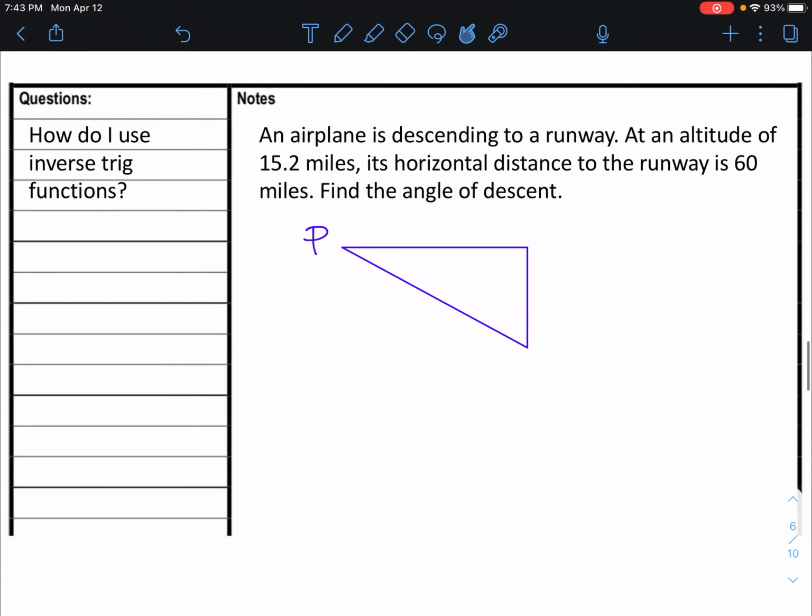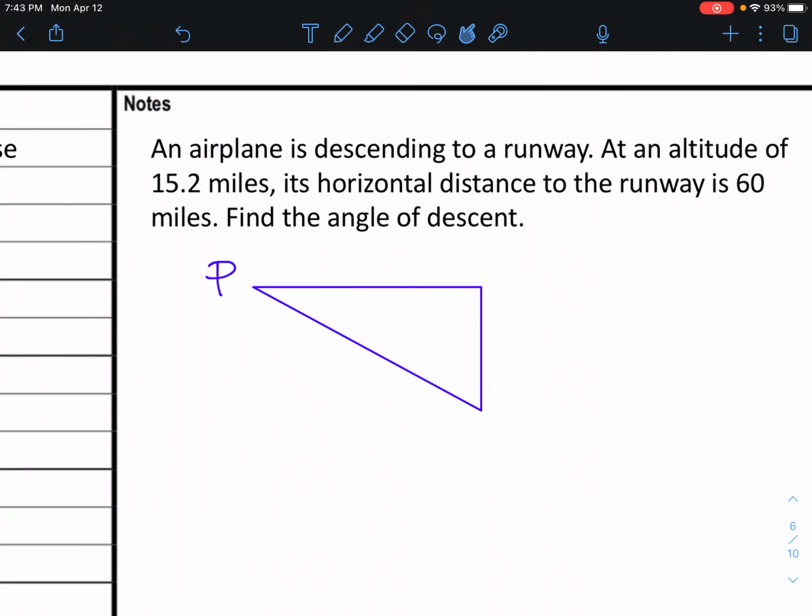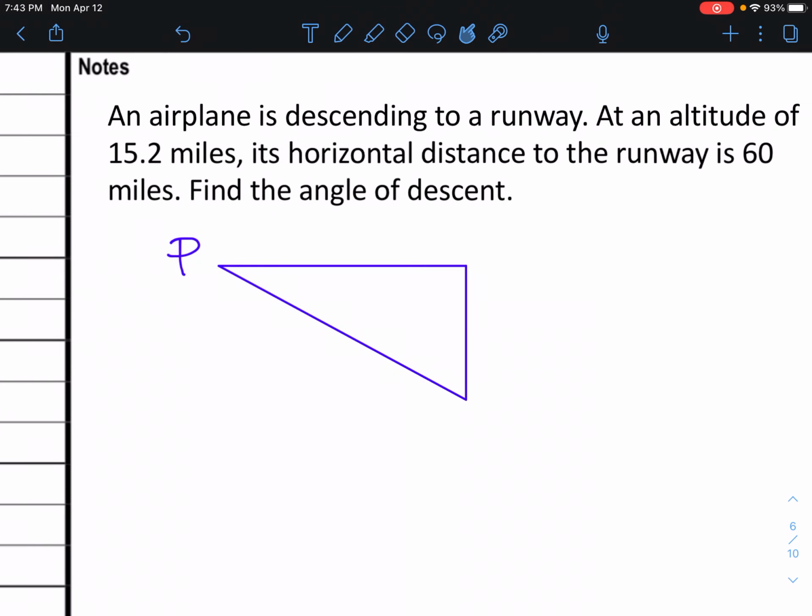All right, back to our problem that we started with. An airplane is descending to a runway at an altitude of 15.2 miles. So we said this was 15.2 and this was 60. Now I need to figure out what trig function I can use here. Here's my right angle. Well, 15.2 is the opposite side and 60 is my adjacent side.